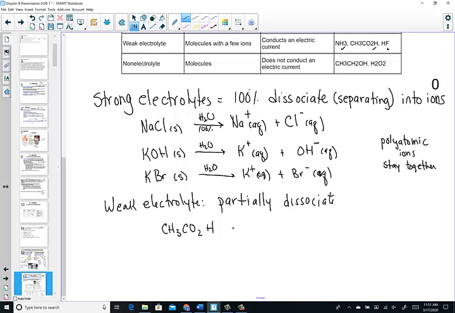When it's dissolved into water, we set up an equilibrium where really only about 1% of the molecule dissociates and 99% of it stays in the molecular form. A little bit of aqueous ion of hydrogen and a little bit of the acetate ion, both aqueous. Ions are always aqueous.